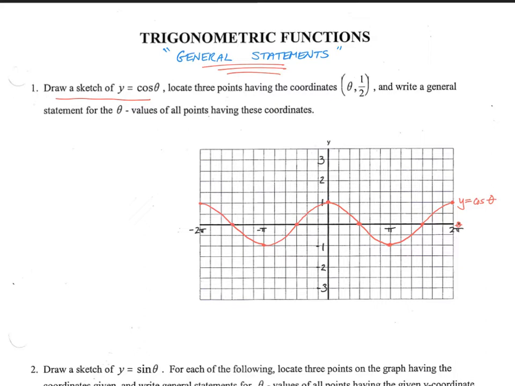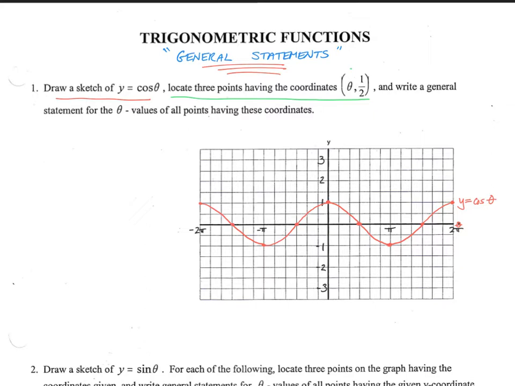Now I'd like you to deal with the second part of that instruction. Where I've said locate 3 points having the coordinates theta, 1/2, there are more than 3 points that have that. What I want you to do is just circle on your graph any 3 points that have some angle theta and a y value of 1/2.